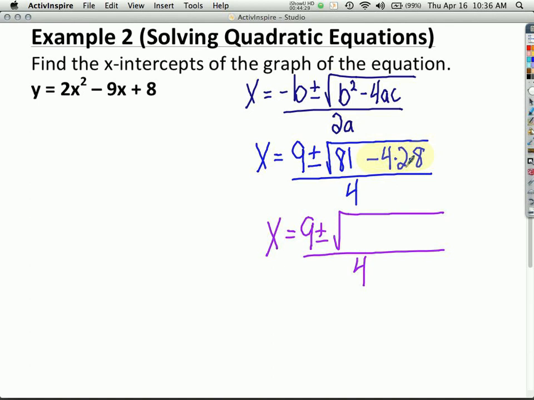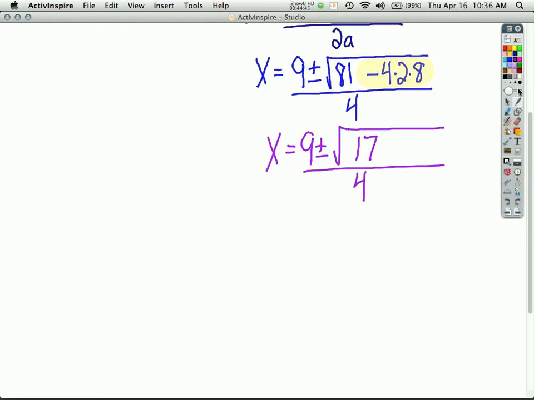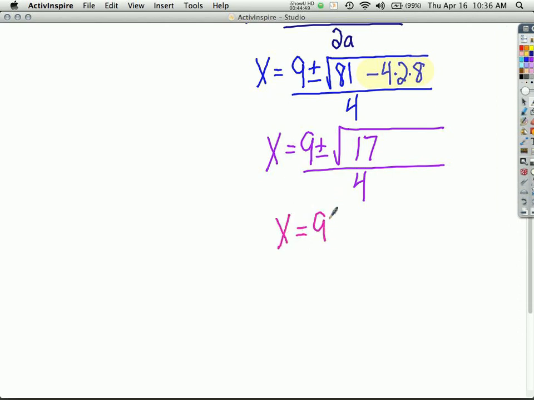So now add that to 81. What's the result? 81 and negative 64? Keon? We get 17. Now use your calculator. Take the square root of 17. Get x equals 9 plus or minus all over 4.